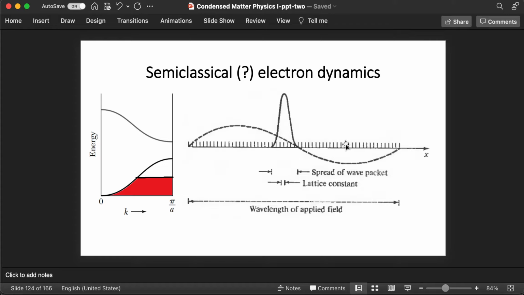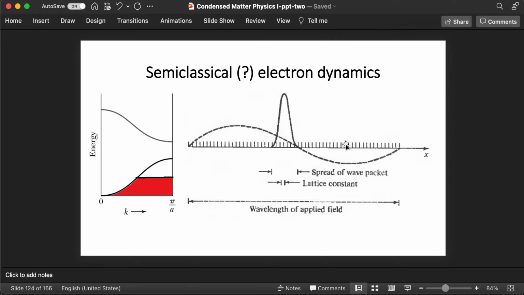Now we shall look at the features of what is called semi-classical electron dynamics. It is called semi-classical because if you are going to consider very, very small changes in the electronic wave vector, that is delta k, then you need to consider the effect of the periodic potential.